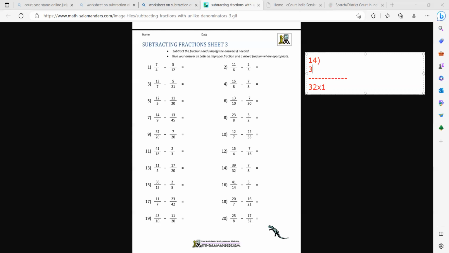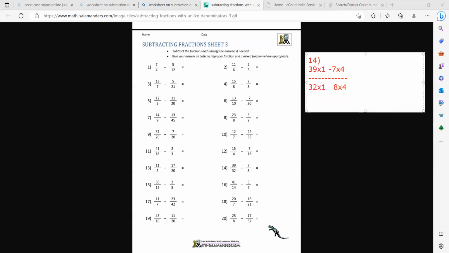So 39 into 1 and 32 into 1, minus 7 into 4, since 8 into 4 is 32. We need to multiply both the numerator and the denominator with the same number. So the denominator will be 32.